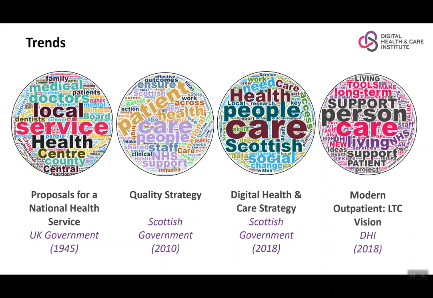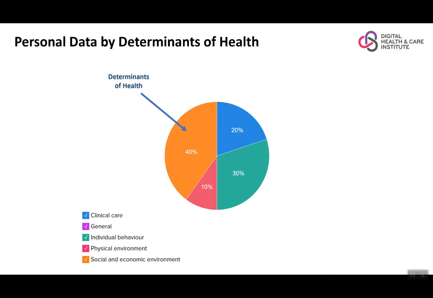We're doing this because it's obviously part of the policy driver, but because it also makes better use of the underlying capabilities of digital. So to illustrate that, just to look very quickly at what makes up a health outcome.